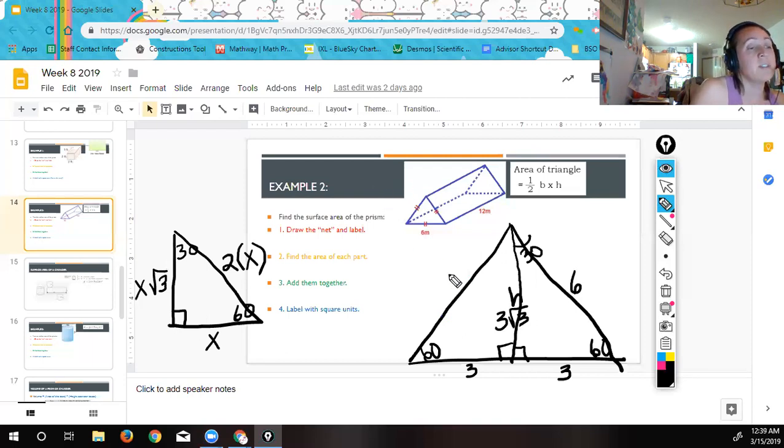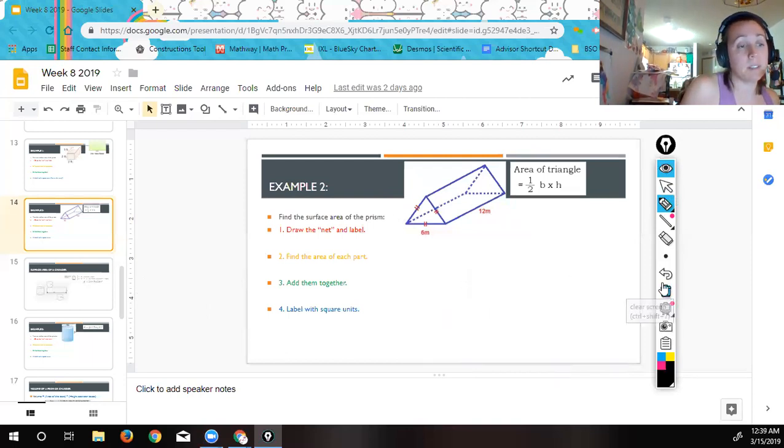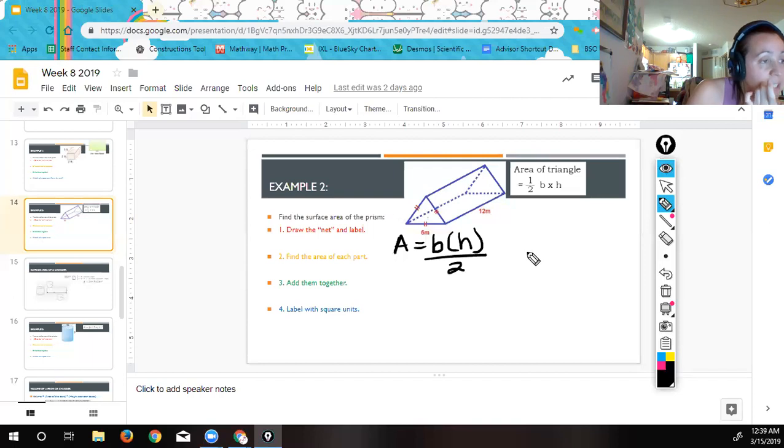So now I know what the height is, so I can very easily find this surface area. So I'm going to find the area of the 2 triangular bases. And to do that, the formula is base times height divided by 2. So my base is 6. My height is 3 square root of 3.